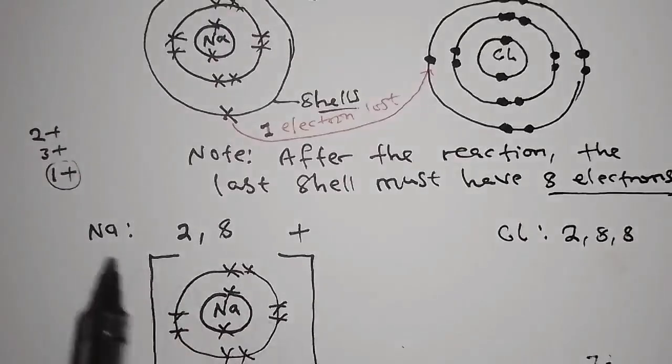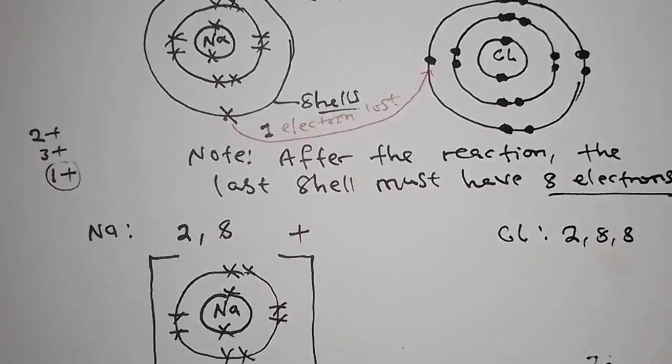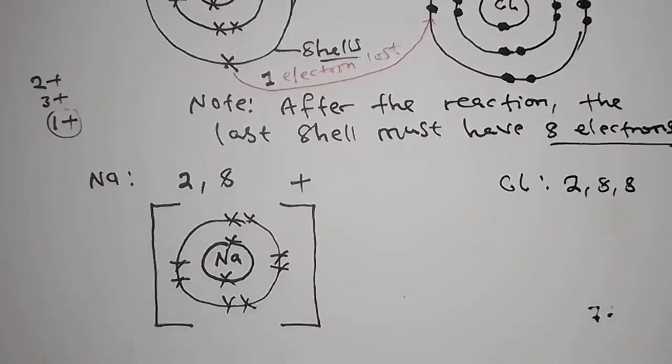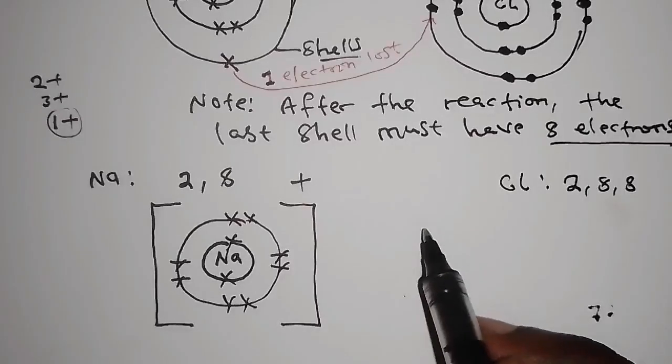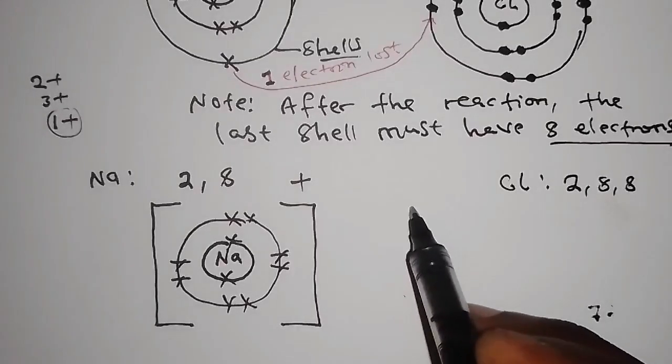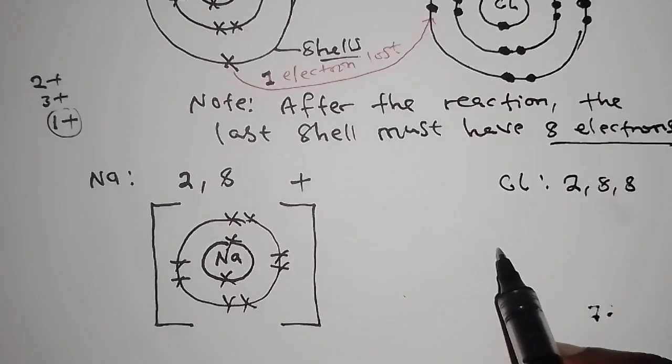If just 1 electron is lost, you write the sign, because we know that all metals carry a positive sign. And then the chlorine is going to have 3 of them.